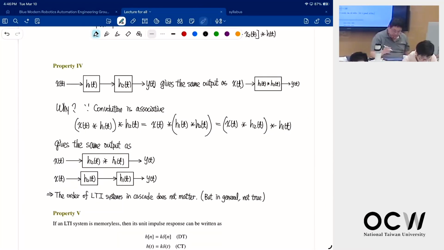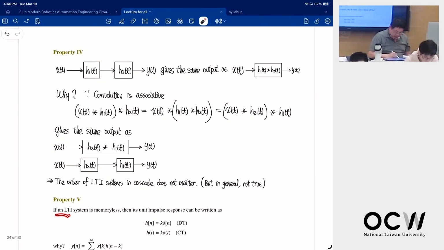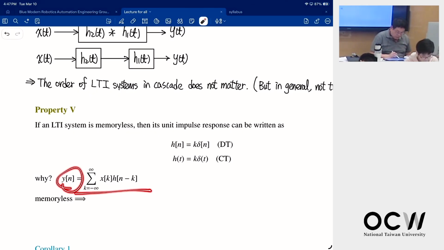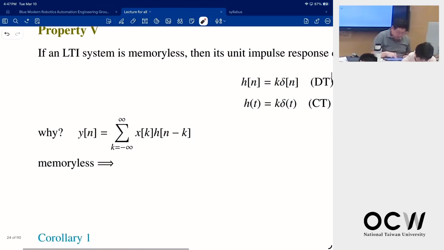Next property. If the linear time invariant system is memoryless, what does that mean, memoryless? Your output depends on what? Only the present, the current state, right? That's memoryless. Okay. So if LTI system is memoryless, then the unit impulse response can be written here for the discrete time and also continuous time. Okay, why can we write like that? Remember that for your output, the output depends only on the current input for memoryless.